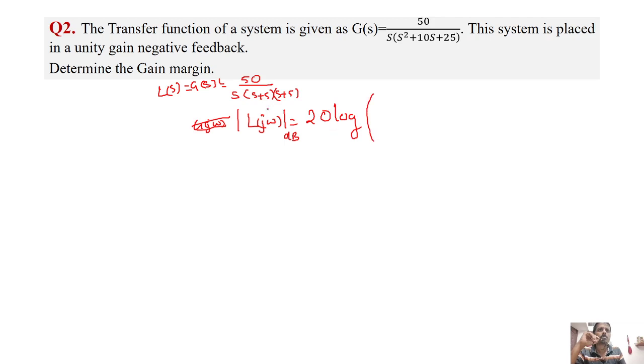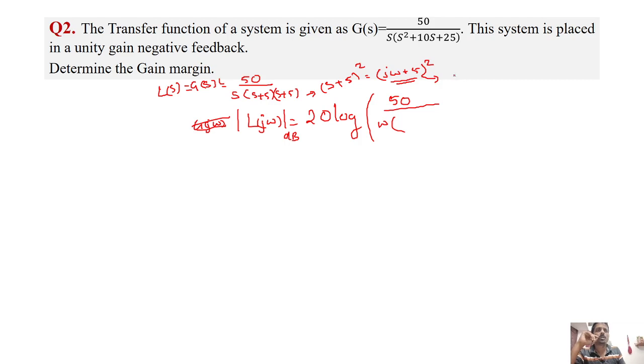So how will we take the gain here? S means omega, right? Omega into s plus 5 whole square, that equals j omega plus 5 whole square. So what is the mod value, what is the amplitude value here?